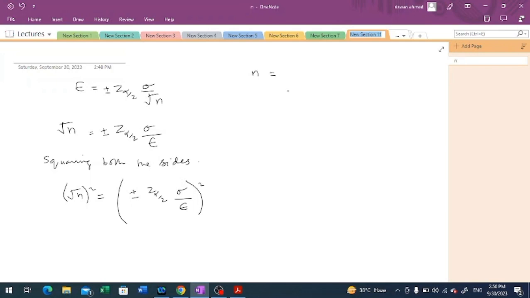Now on the left hand side, we will be left with n, and when we apply this whole square inside the bracket, the plus minus sign will be eliminated and the square will be applied to each term involved in the computation. So this is the z value squared, this is the standard deviation squared or variance, and this is the margin of error squared.